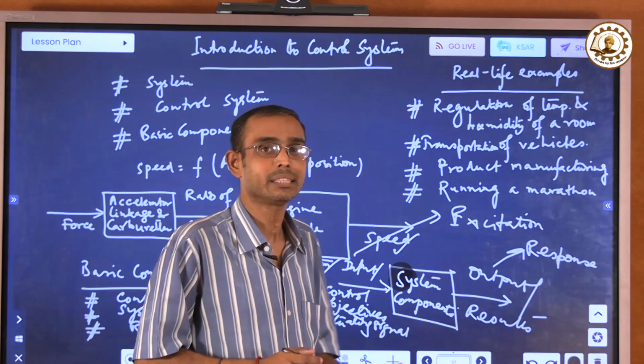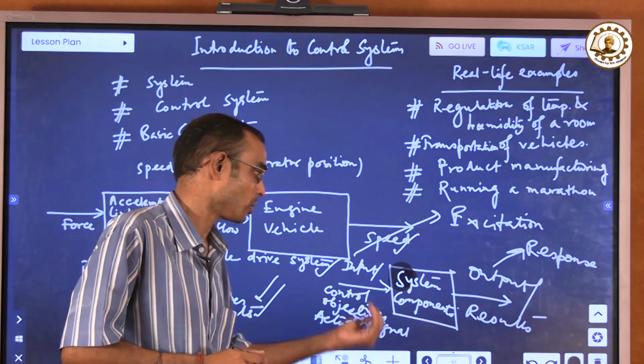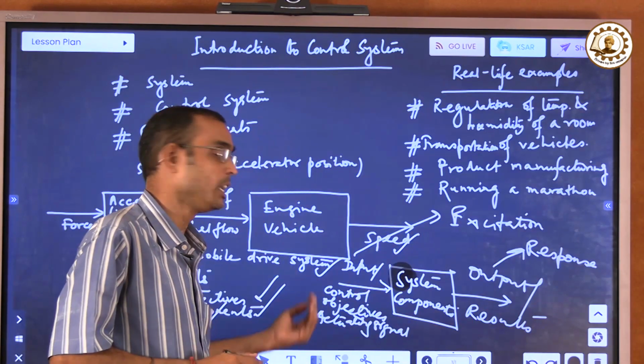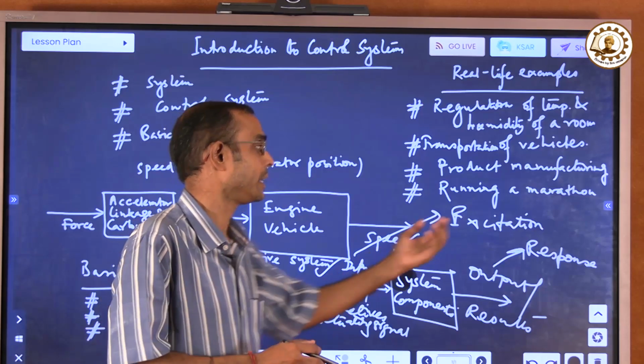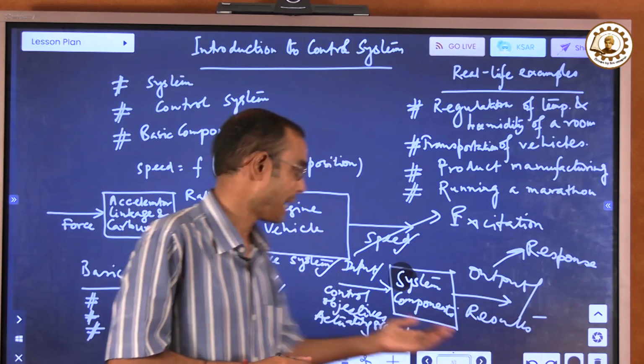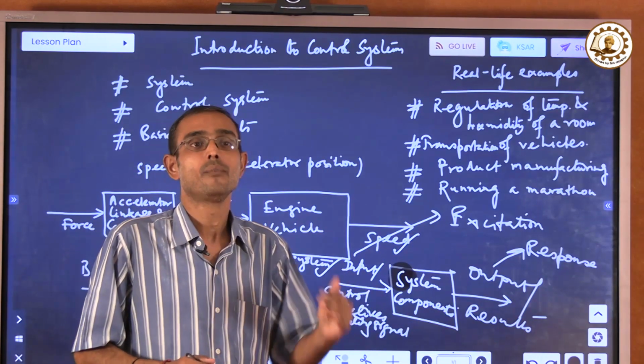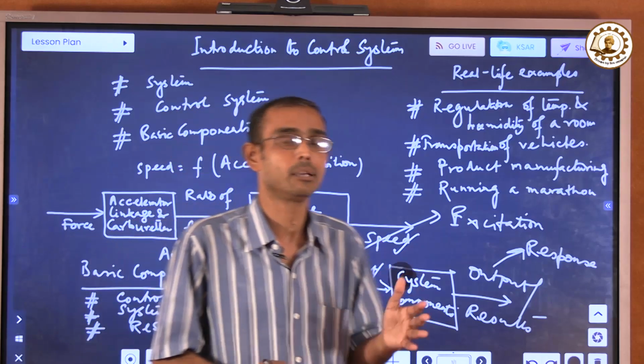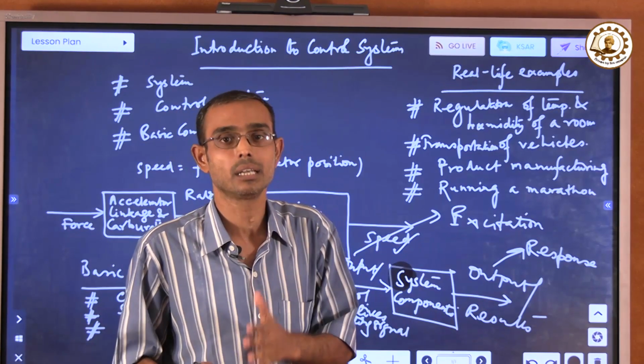They will generate that output, and for generating that output some inputs are required, which are the excitation into this system, and that excitation can come from any type of physical variables from the external world.